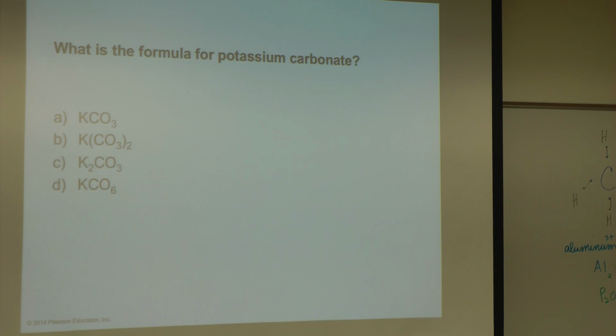Since carbonate is 2 minus and potassium is plus 1, we need to put 2 on the subscript of potassium. What would that be? C. Letter C. You see that? Right? So minus 2, plus 1, so you've got to put 2 on the subscript of potassium.